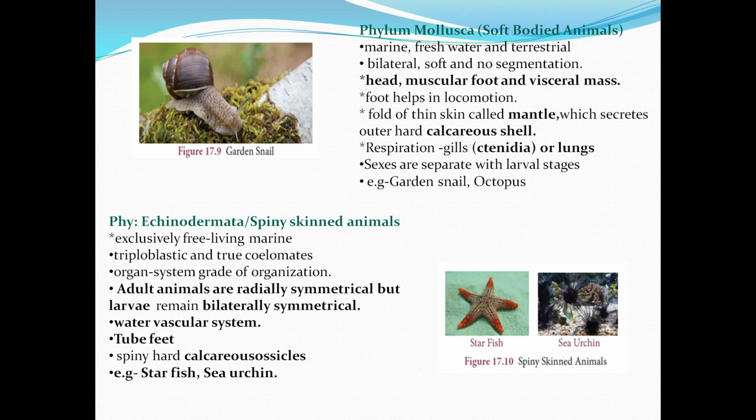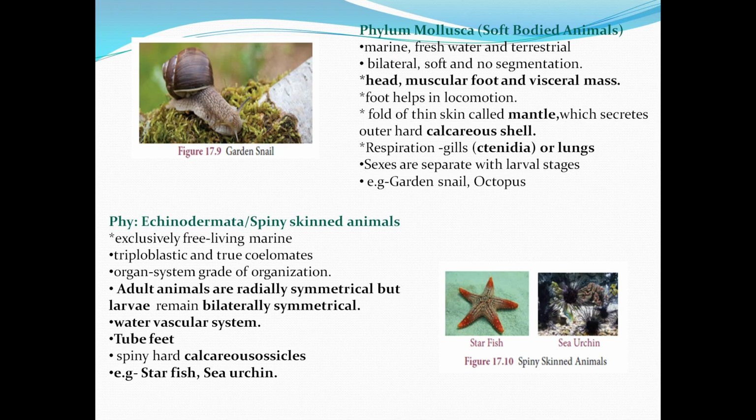The foot will help in locomotion, and the body is covered by a fold of skin called mantle, and this mantle secretes the outer hard calcareous shell. They respire through gills, which are called ctenidia, or lungs. And sexes are separate with larval stages. Example: garden snail and octopus.